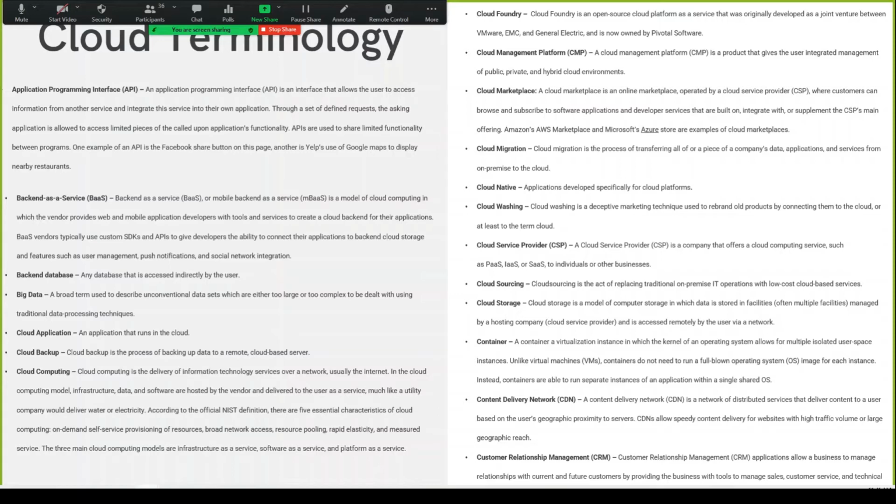Now, cloud migration. Cloud migration is the process of transferring all or a piece of a company's data, applications, and services from on-premise to the cloud. Traditionally, most companies are running on-premise versions of their applications, which means they have their own data center. To be able to migrate to the cloud, they need cloud engineers and cloud architects, and that's why you will see that in today's time there is huge demand for cloud engineers.